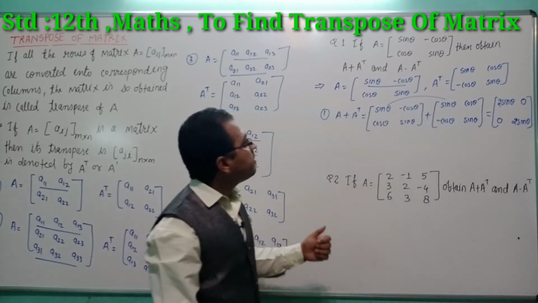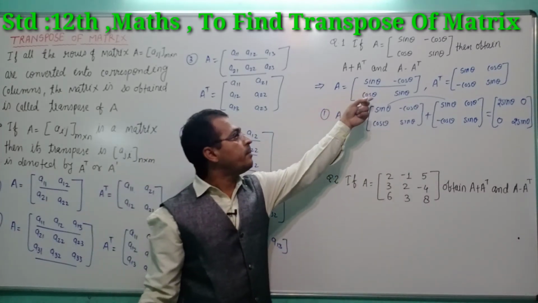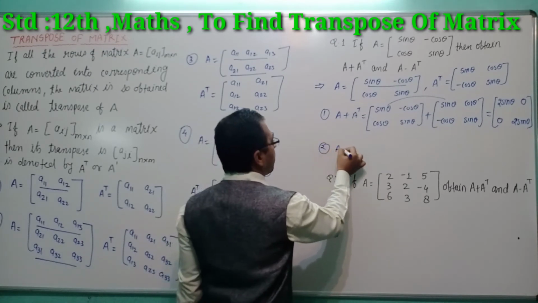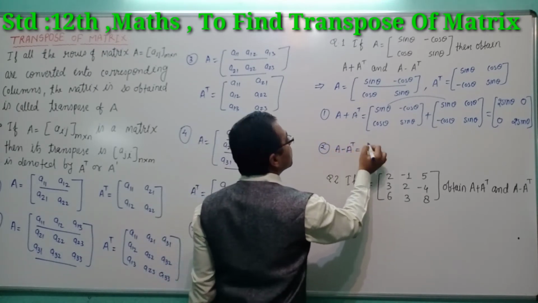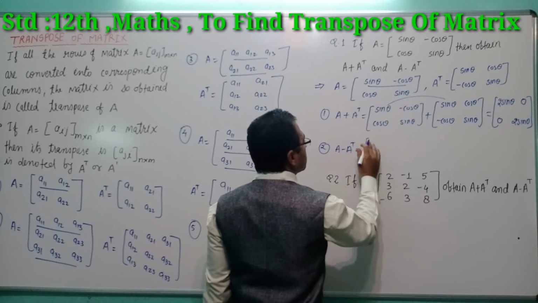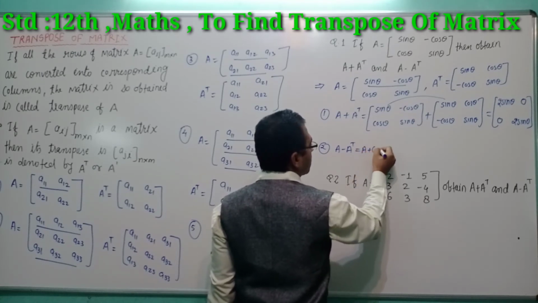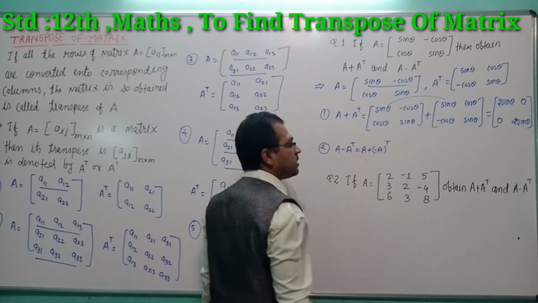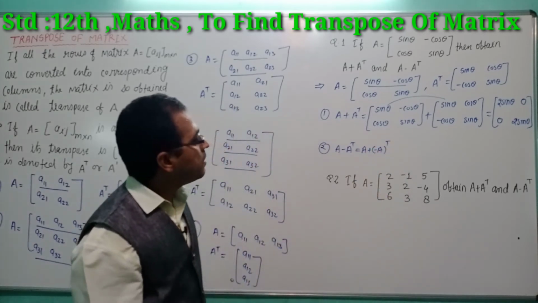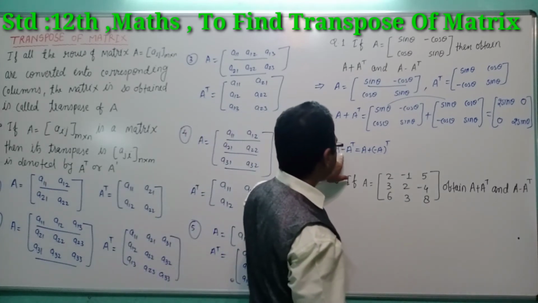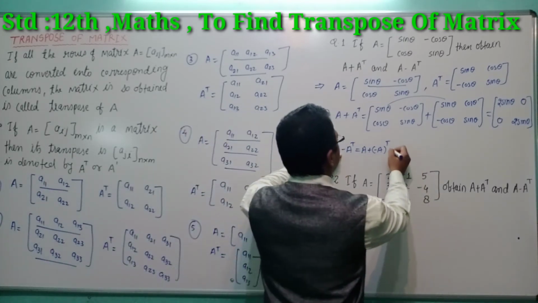Right? Similarly students, we will find out A minus A transpose. So A minus A transpose can be written as A plus minus A transpose. Right? Write down the matrix A over here.